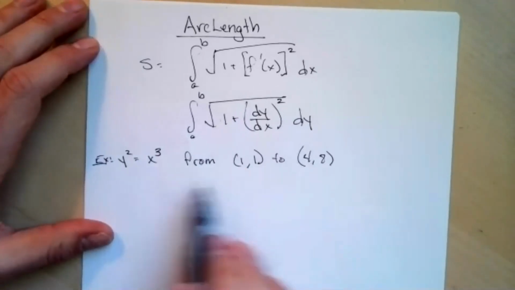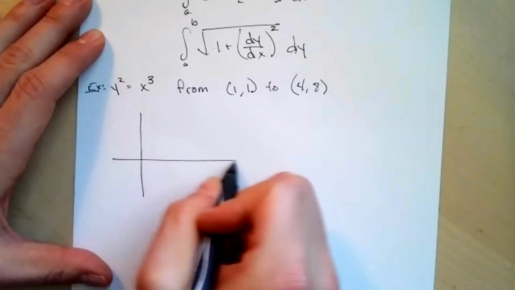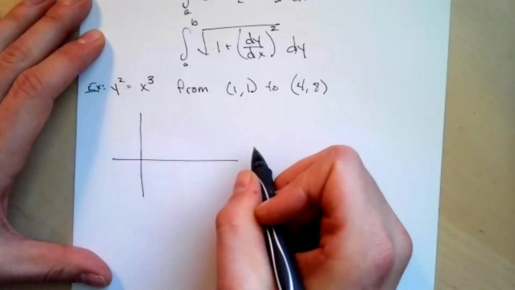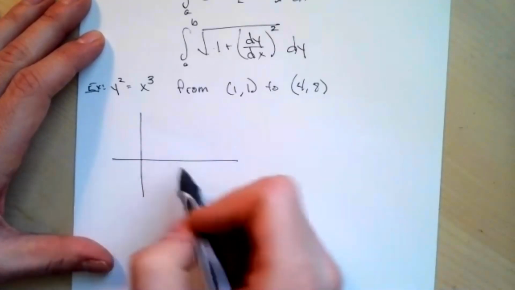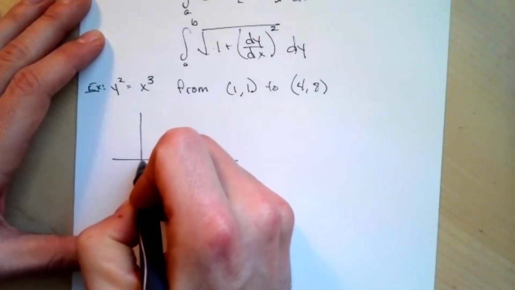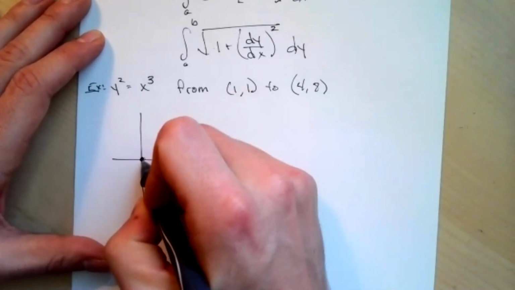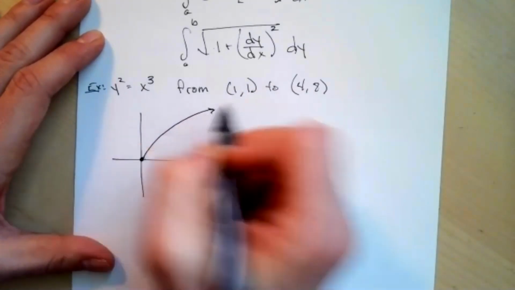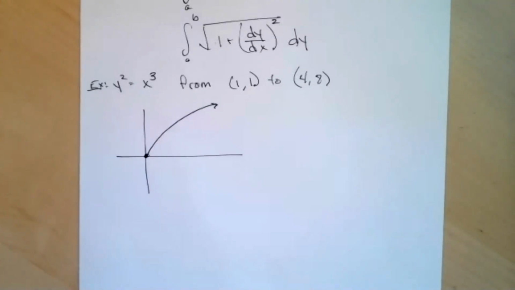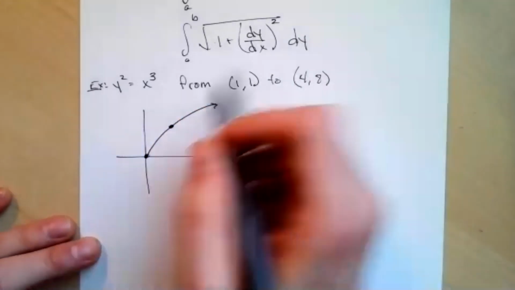So since we are on the positive side, y squared equals x cubed, graph looks like y is x to the 3/2. So it's got like a cusp. And it does something like this.